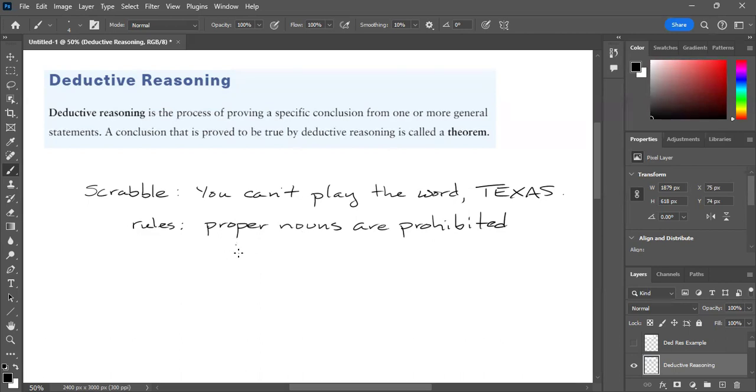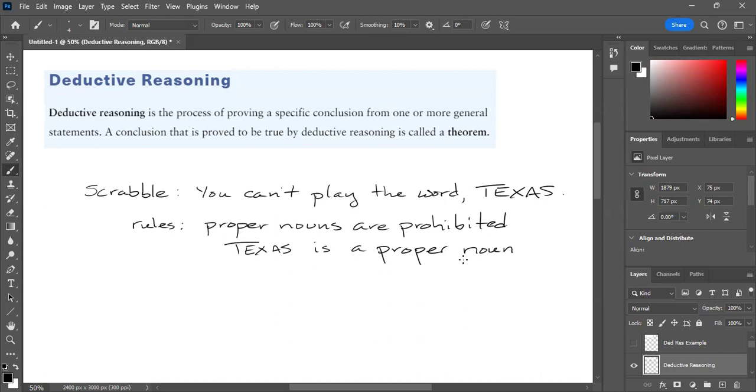Oh, well, see, Texas is a proper noun. Proper nouns are those that start with a capital letter. It's a very specific person, place, or thing. And so, because we have this general rule that proper nouns are prohibited, Texas is a proper noun, therefore you can't play the word Texas.